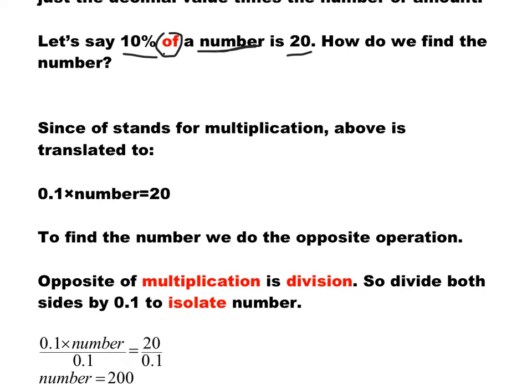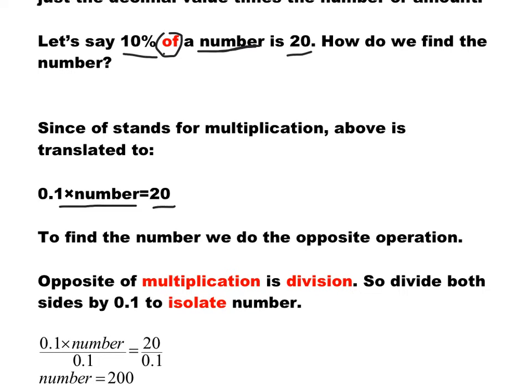So I can write 0.1, which is the decimal value of 10%, times the number is going to give me 20, which is exactly what this problem is telling us. Now I have to find the number. The problem I have is the 0.1, which is on the left of the number and it's multiplied by the number. What I'm going to do is the opposite operation.